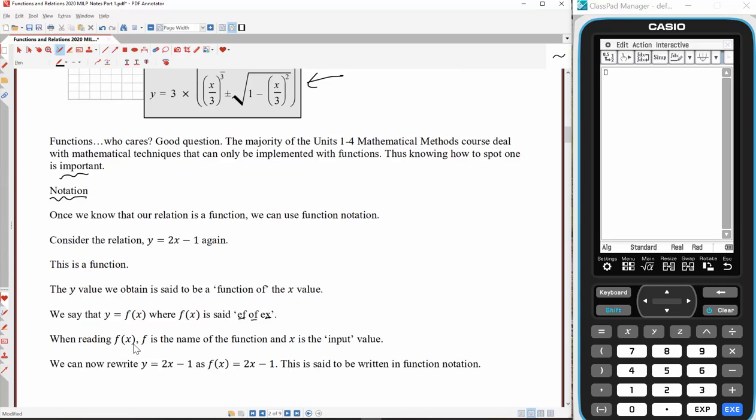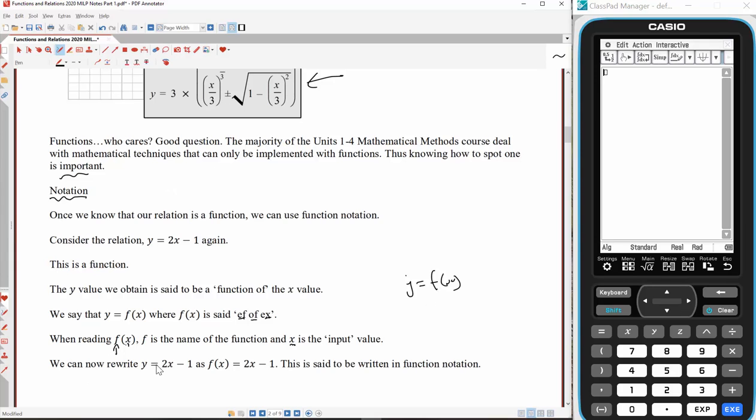So when reading f of x, f is the name of our function. We call it something: f, g, h, i, k, p, all right? Functions can be named different things. And x is the input value. So we say that f is a function and x is what's being inputted, okay? So remember, fundamentally, what we want to think about is y is a function of x. That's a really important part of the whole idea.